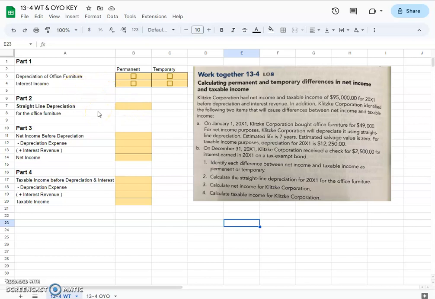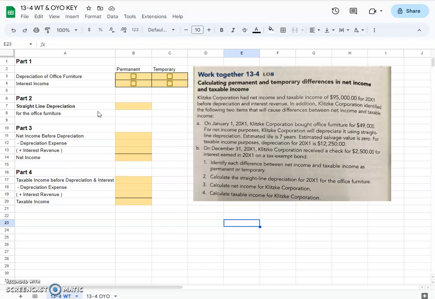Underneath your temporary differences section, on page 392, the second paragraph, it tells us the largest temporary difference is often associated with depreciation. Many companies use straight line depreciation for the calculation of net income so that the amount of depreciation is level over the life of the asset.